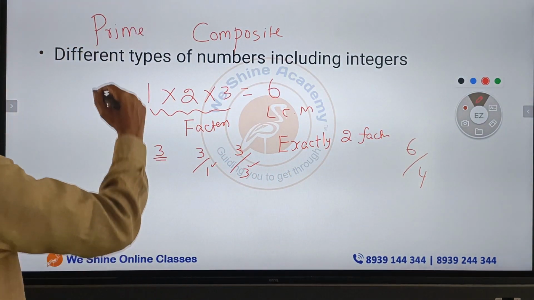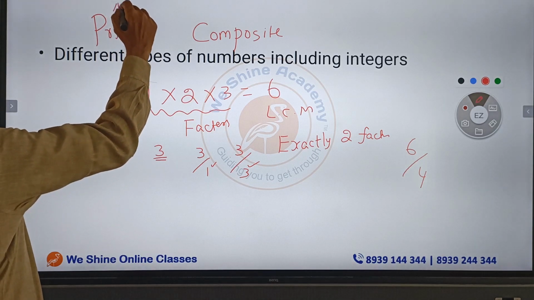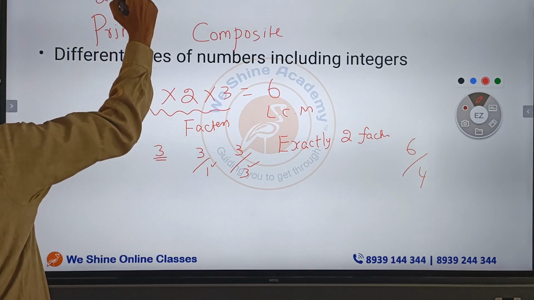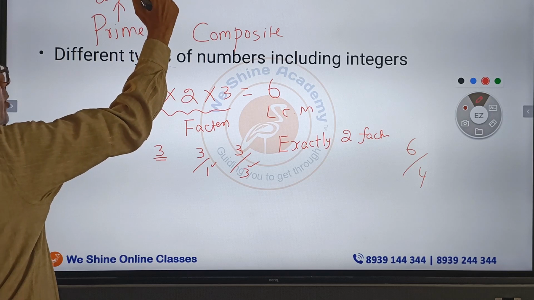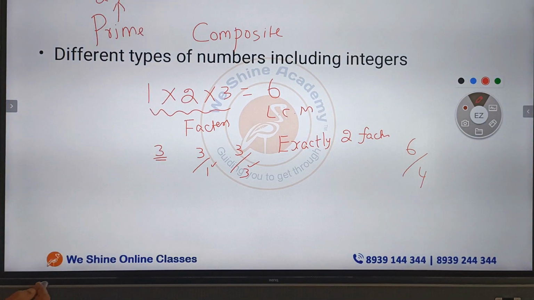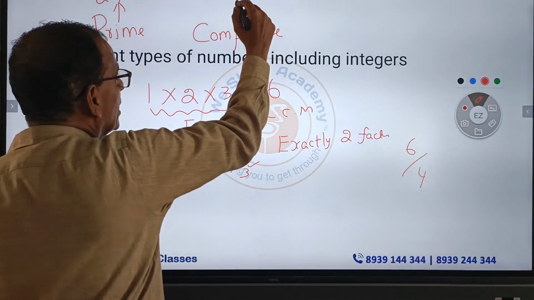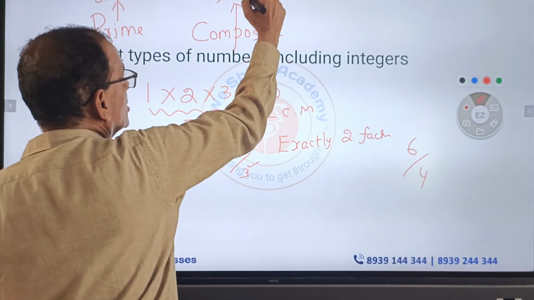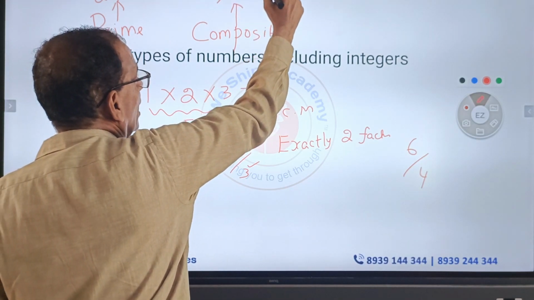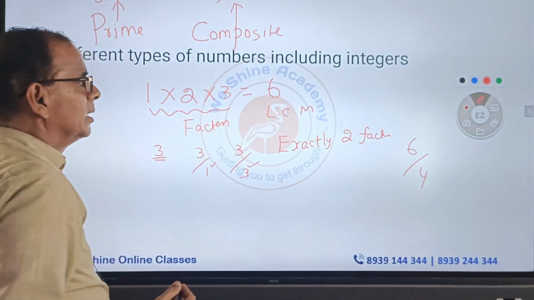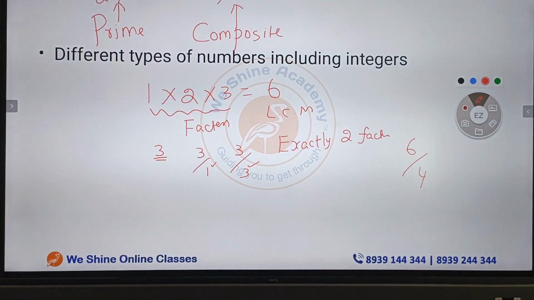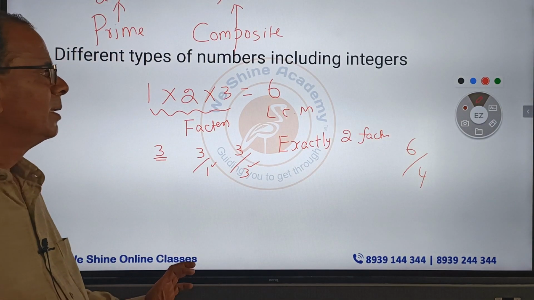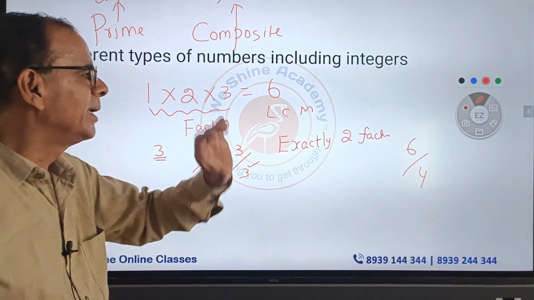So if they ask the definition of a prime number, exactly two factors. It should not be less than two factors. It should not be more than two factors. Composite number means it should have more than two factors. When you study a topic, you should know from the base completely.